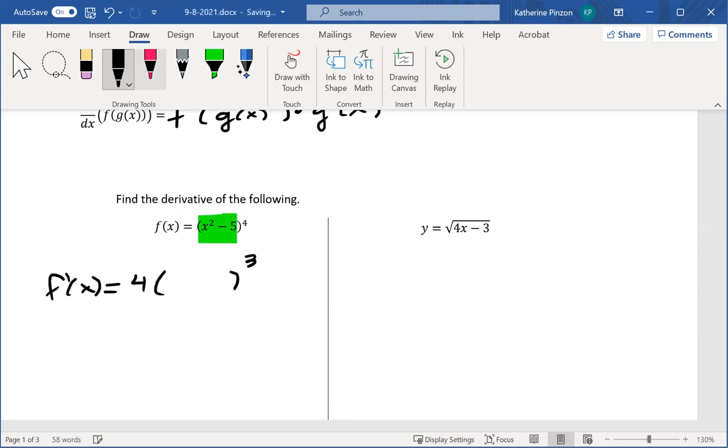Don't change what was inside there to begin with. This is still going to be x squared minus 5 times the derivative of that green stuff, okay? Because that's my inside function, my g. So what's the derivative of that green stuff, x squared minus 5? 2x. Great.